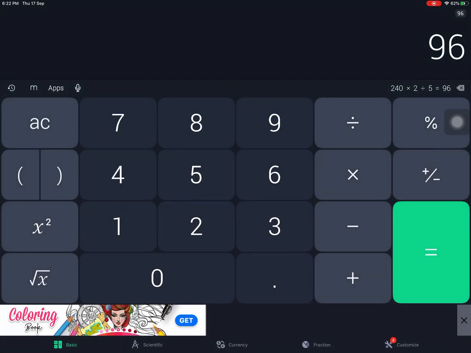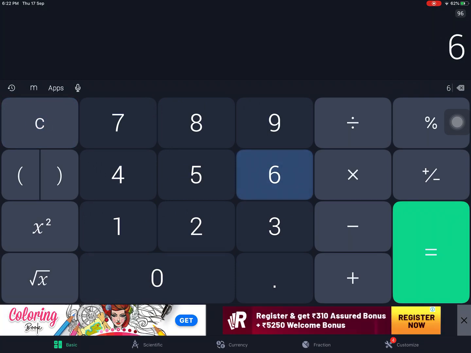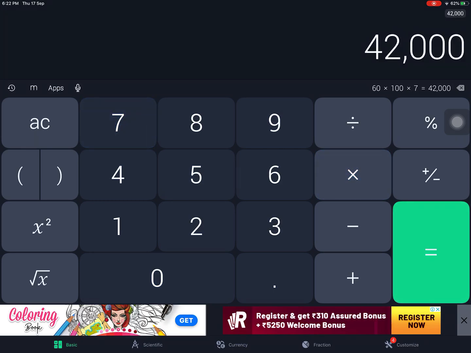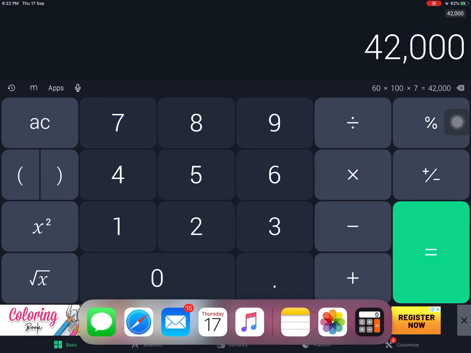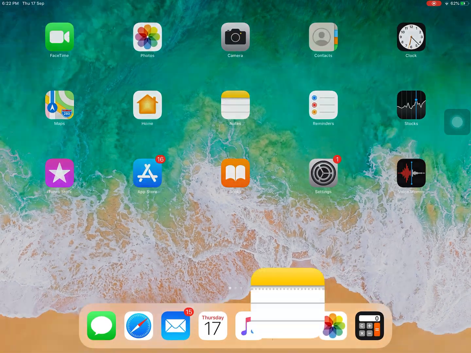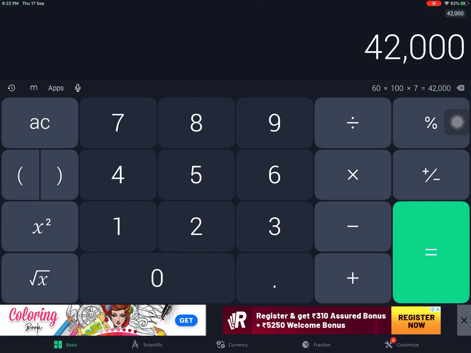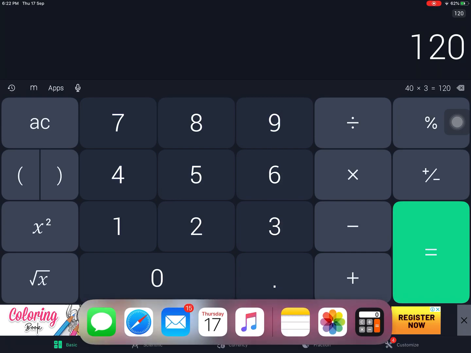Okay. So let's solve this. 60 into 100 into 7 is 42,000. Divide by 40 into 3. 40 into 3 is 120.